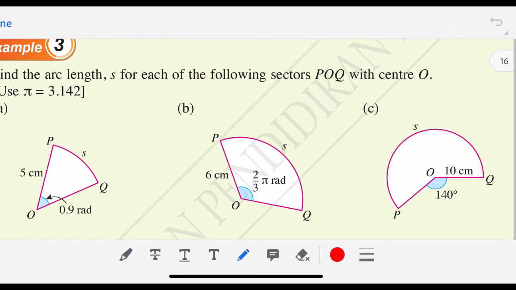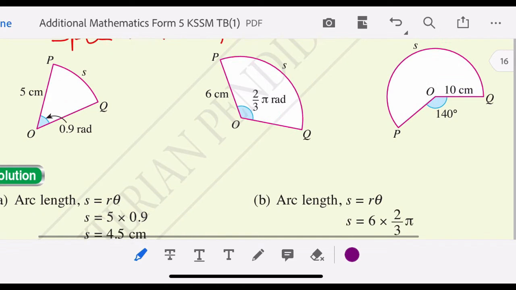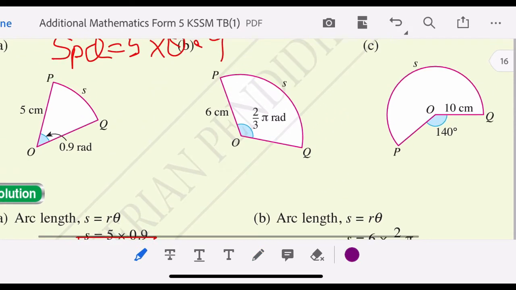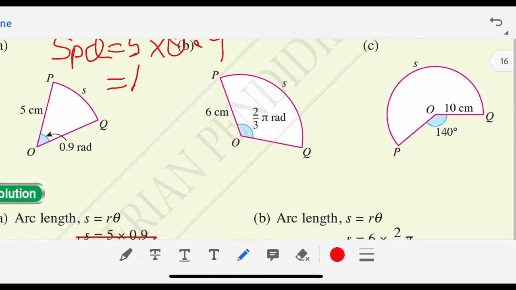This one is quite simple. If you want to find the arc length PQ, you just take 5 times 0.9 because the angle is already in radian. So the answer for the arc length is 4.5 centimeter.